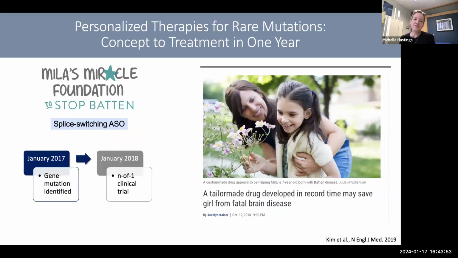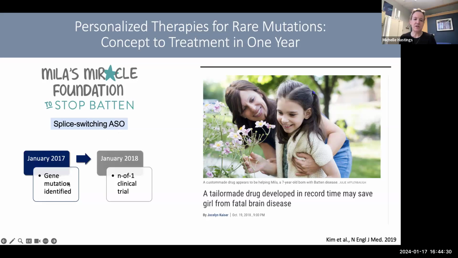Another unique feature of antisense oligonucleotides as a drug is that their mechanism of action is inherent to them. You can design them to base pair where you want, so you know what the mechanism is. They can be developed very quickly, and this was a real game changer for ASOs and personalized therapies when milasen, an antisense oligonucleotide for a very rare mutation in Batten disease, was developed by Tim Yu at Boston Children's.